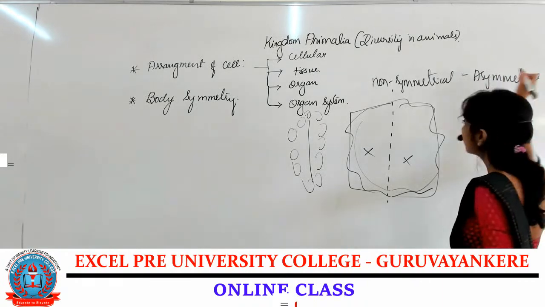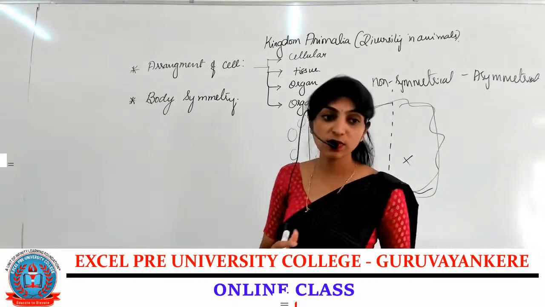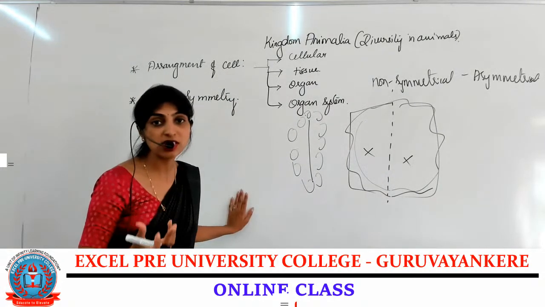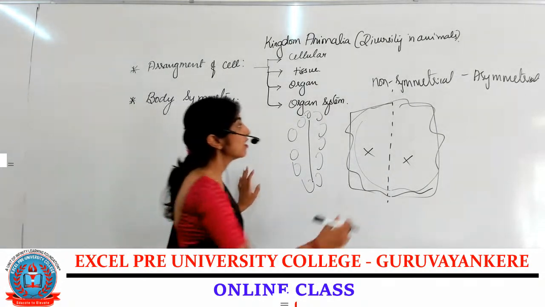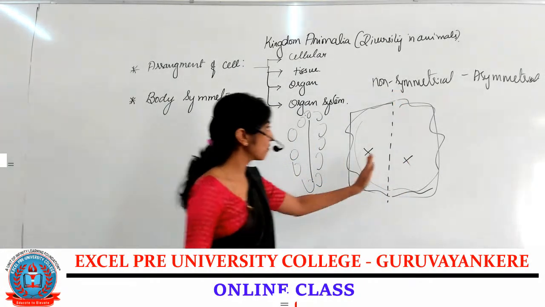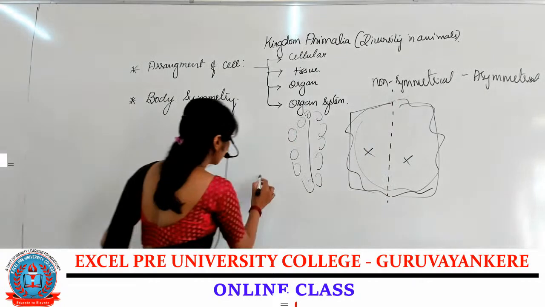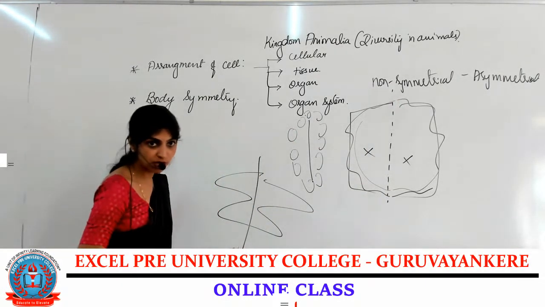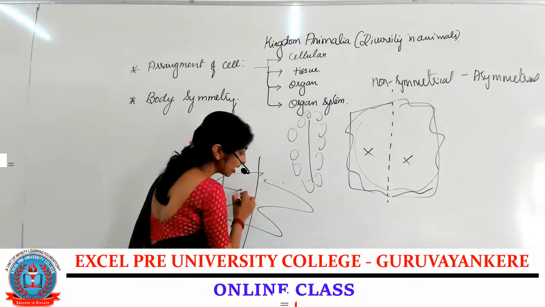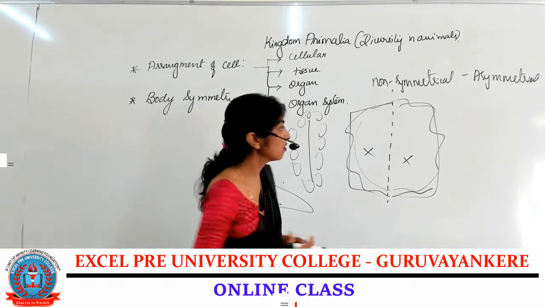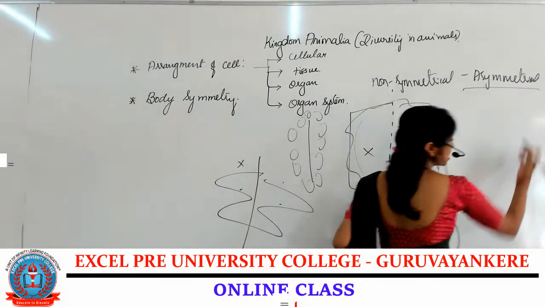Based on the body symmetry, the animals are classified. When we divide an organism through the central axis, if I do not get equal halves, then the body is not in symmetry. We say they are asymmetrical.